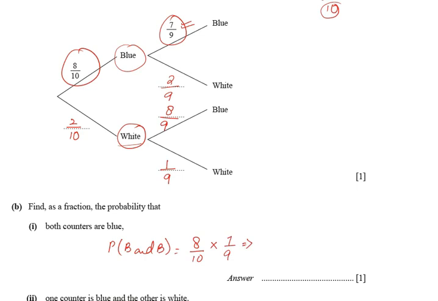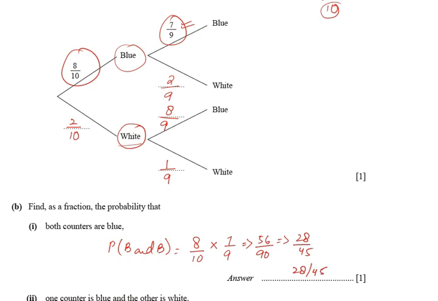Now when we multiply 8 upon 10 by 7 upon 9, it will be 56 upon 90. And when we simplify this, it's 28 upon 45. So the final answer is 28 upon 45.